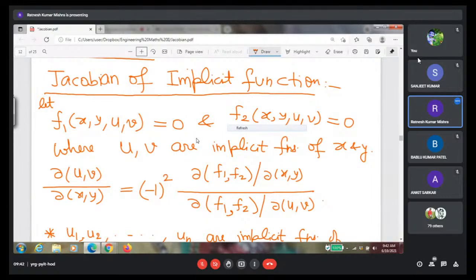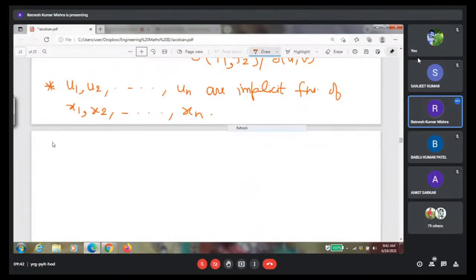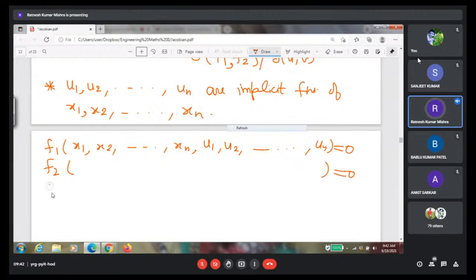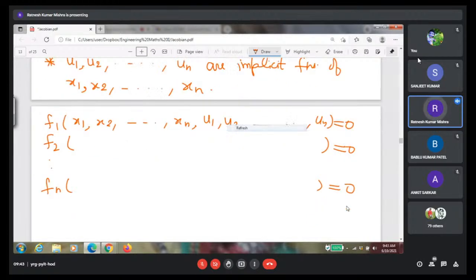Similarly, there are n functions, f1 equal to 0, f2 equal to 0, ..., fn equal to 0. Now in this case, u1, u2, ..., un are implicit functions of x1, x2, ..., xn.